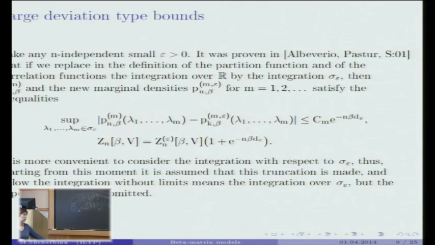The bound will be of order e to the minus n times some constant. So you could restrict yourself to integration with respect to sigma epsilon on the real line, and your mistake will be of this order, very, very small. So outside of this interval, you can change your potential in any way you want.